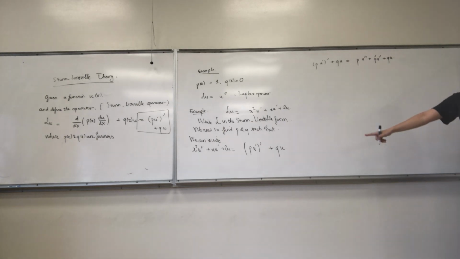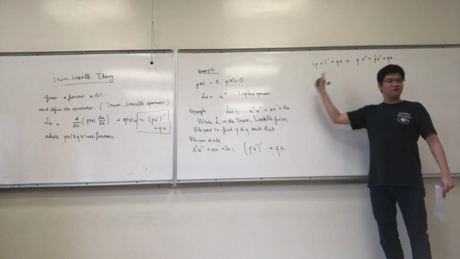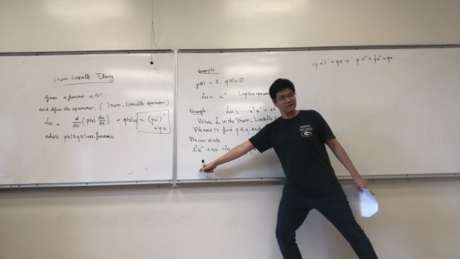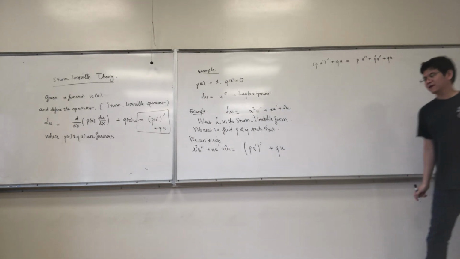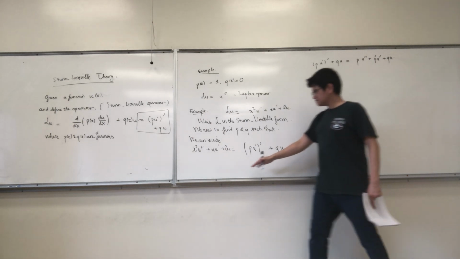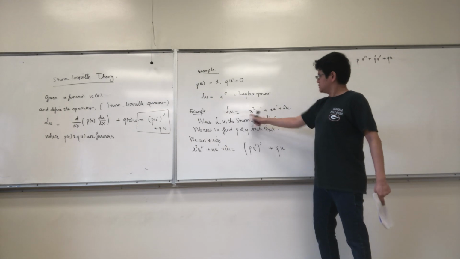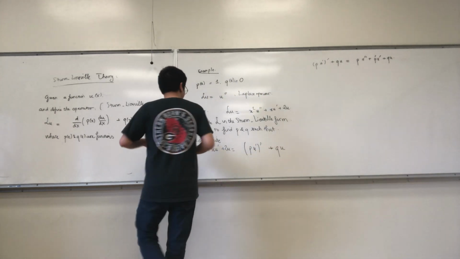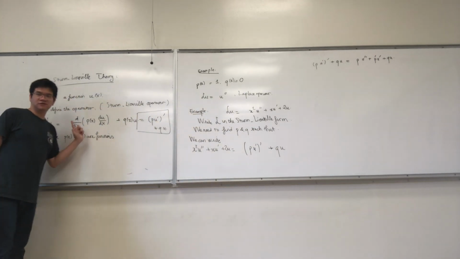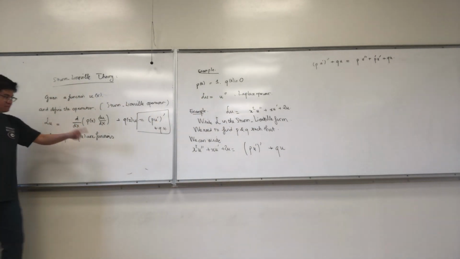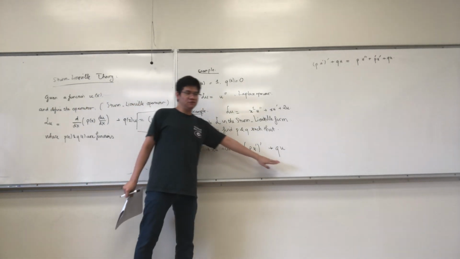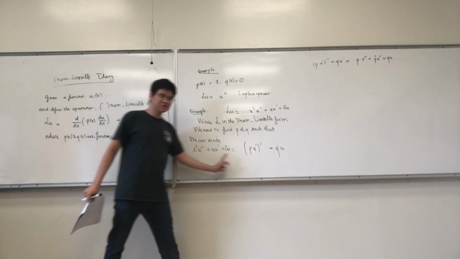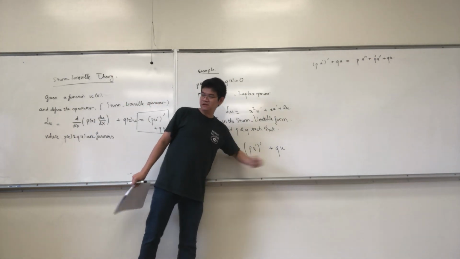What you do is you expand this and you make the coefficient of this equal to this. You do it backward. I explain again. This is a normal operator, a normal differential form. You want to write it under the form of the Sturm-Liouville. Then you have to find P and Q such that this can be expressed under the Sturm-Liouville form.